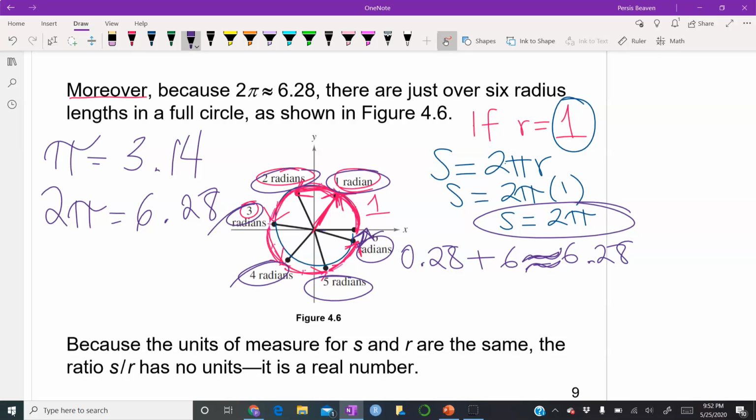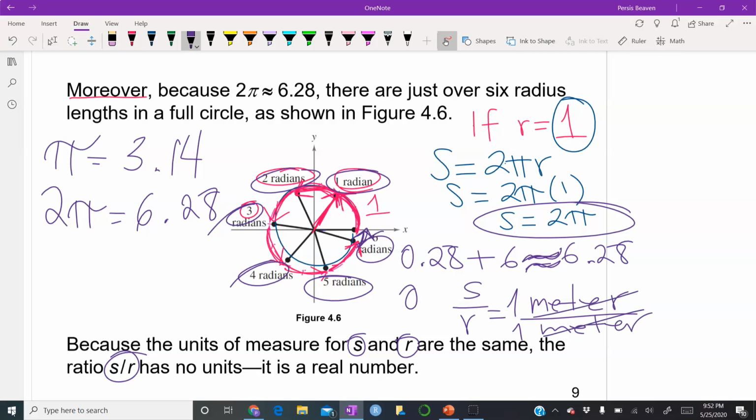So because the units of measure for S, the arc length, and R are the same, the ratio S over R has no units. It is a real number. Even if we were talking about units like 1 inch radius or 1 kilometer, once you divide the units, like let's say 1 meter for S, and then 1 meter for R, even then, the units will cancel.